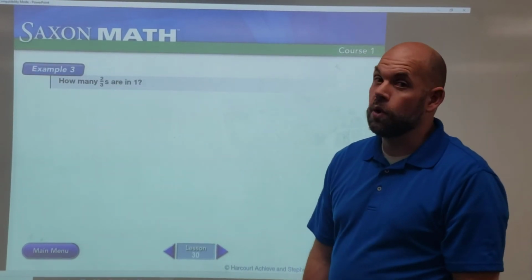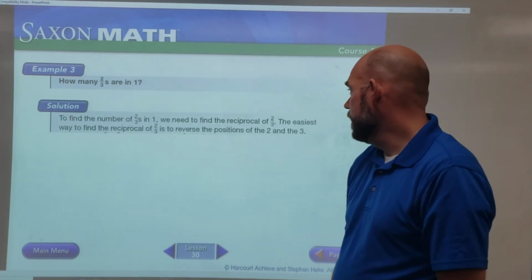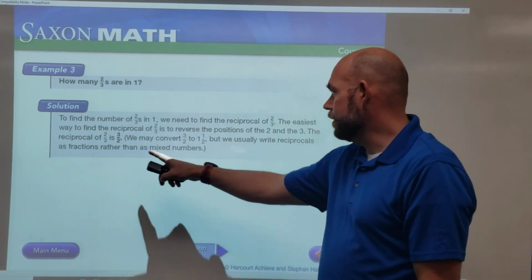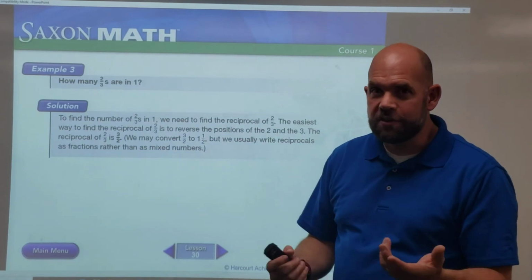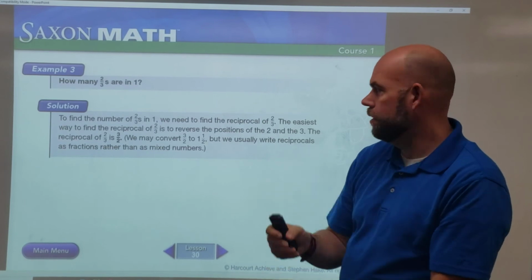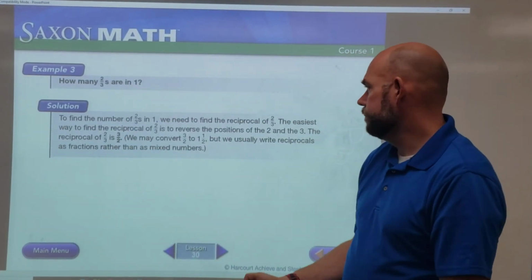Another way of saying that is, what's the reciprocal of 2/3? Just flip it upside down and you get 3 over 2. So how many 2/3 are in 1? 1.5, which makes sense because 2/3 is more than a half. So you take one 2/3 plus half of another 2/3, and that would equal 3/2.